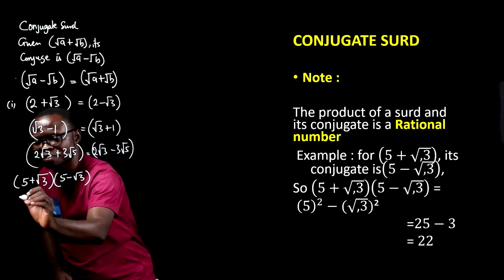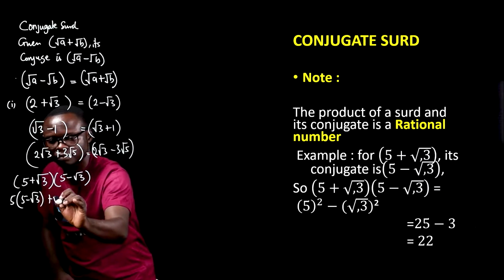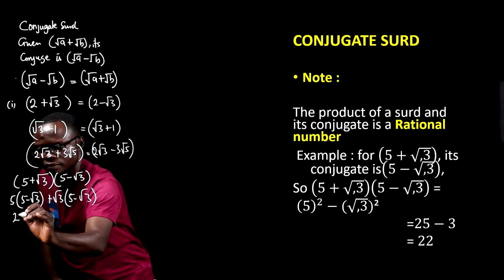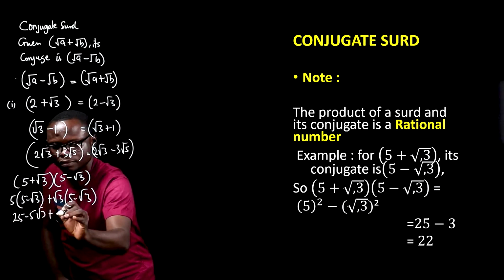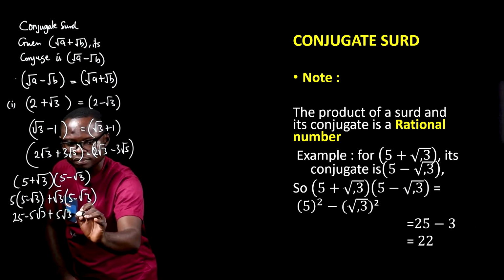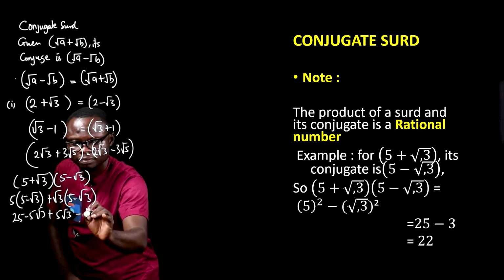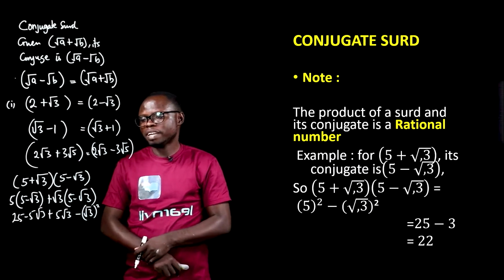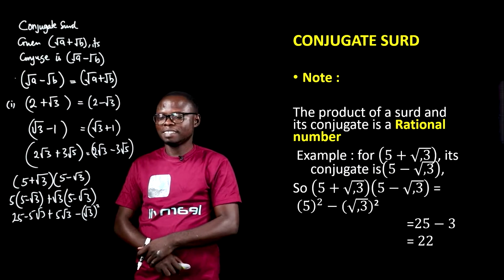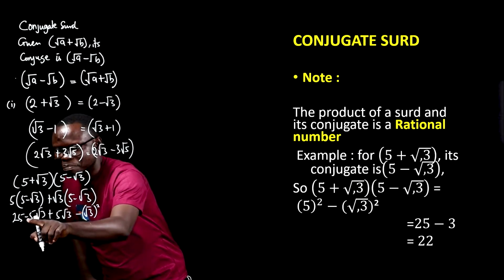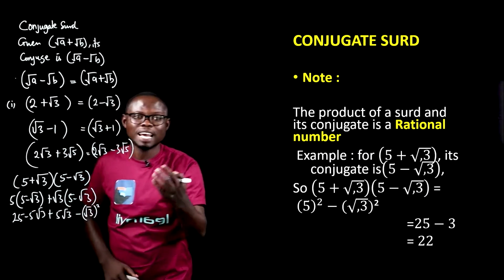This is going to be 25 minus 5 root 3 plus 5 root 3 minus root 3 squared. And that becomes, watch, minus 5 root 3 plus 5 root 3, like surds.